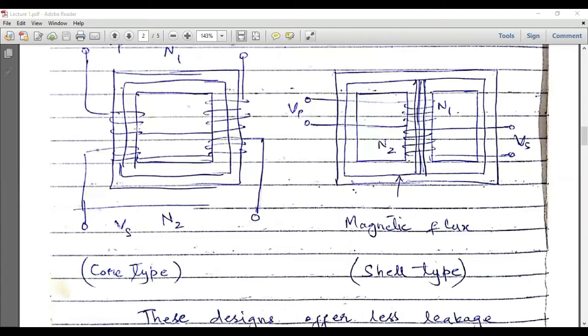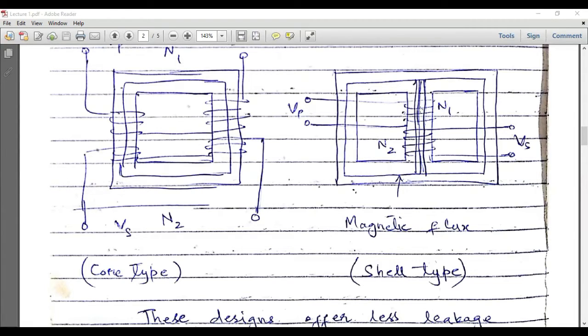So this is another core type transformer, and in this transformer we have actually changed the sense of winding. And this is a type of shell type transformer. So this transformer, its shape is like a shell, and we have three legs over here, and there are two hollow or air regions in between these three legs.